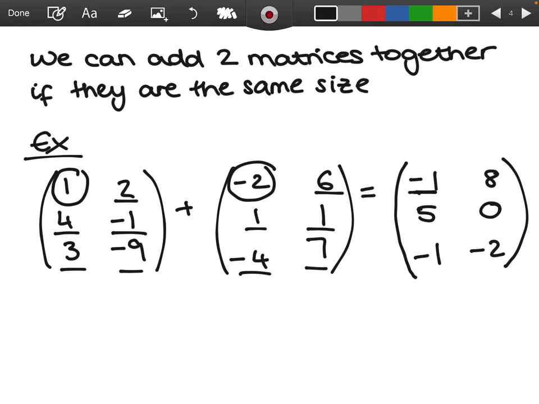Okay. So this is how we add matrices together. You literally just add their corresponding entries. Same deal goes for if you're subtracting matrices. So when you subtract matrices, you just subtract the corresponding entries.